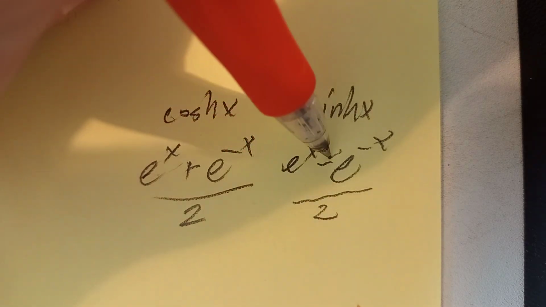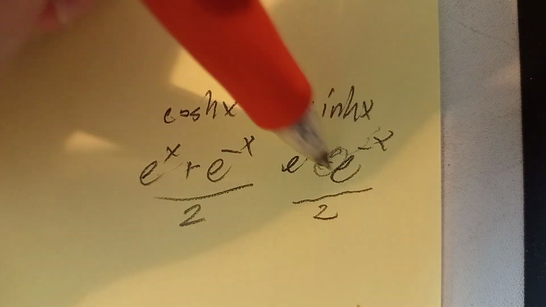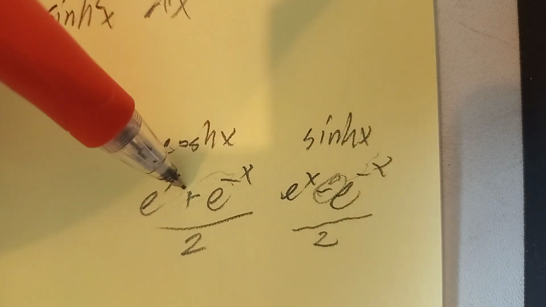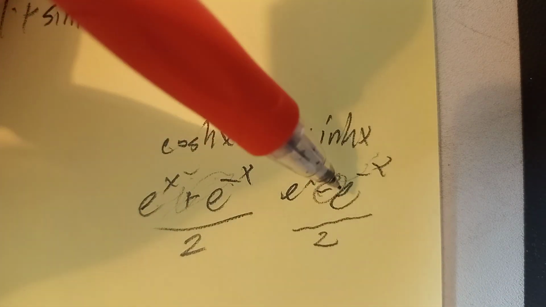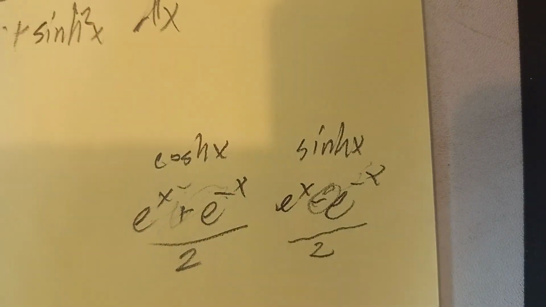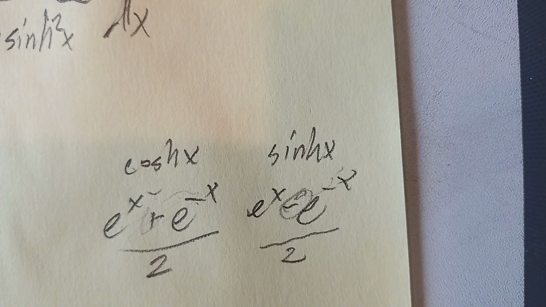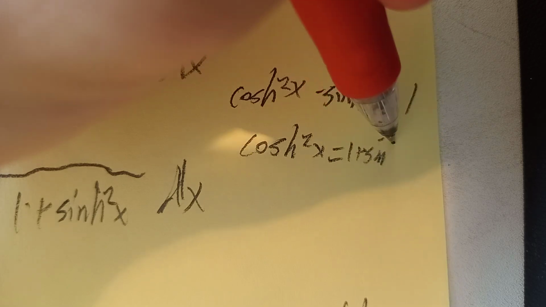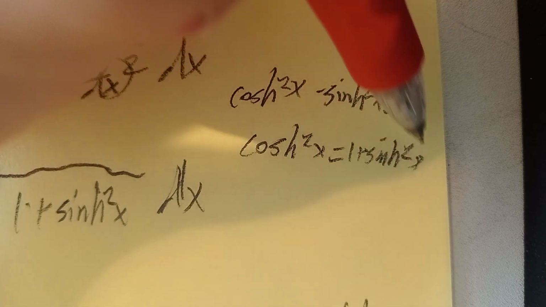The negative sign here is the only difference. That's why when we differentiated this, we just used the chain rule to make this a negative. So if we square them and subtract, you can see there's some cancellation, and you get 1. Now, if we rearrange this, cosh squared x is equal to 1 plus sinh squared x.